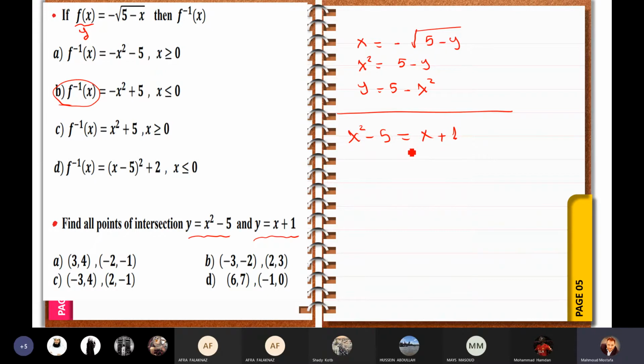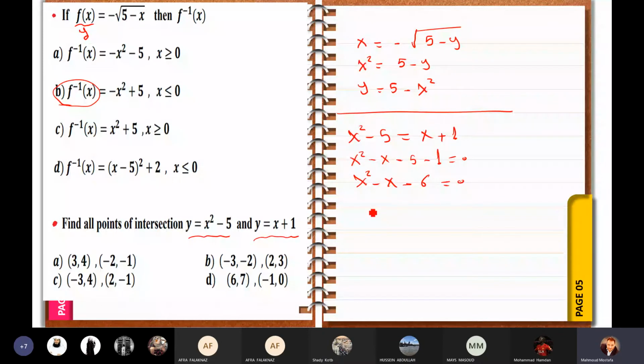Solve it to find the intersection point. So x squared minus x minus 5, then you can shift also 1, it will be negative 1, equal to 0. We make it a zero equation here. So x squared minus x minus 5 minus 1, it is negative 6.